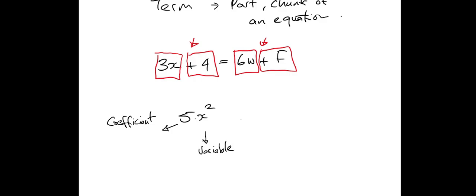Although it's not shown, 5x squared really means 5 times x squared. The fact that there isn't a times in there is just the shorthand way of writing it. It makes a lot of sense, saves a lot of ink. The little number at the top, I'm going to call the exponent. Sometimes called the power, the superscript. I'm going to call it the exponent as much as I can, but I may call it other things from time to time. And that's the basic vocabulary of algebra.